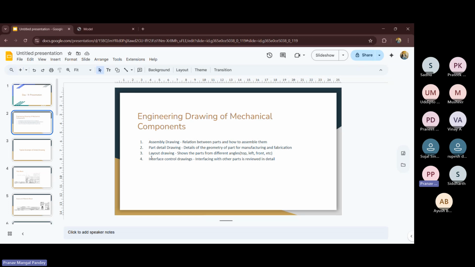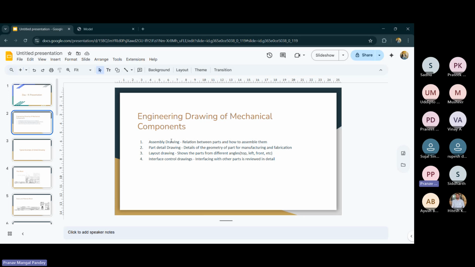The fourth drawing is interface control drawings. So in the whole assembly, there are around 10, 15, 100, 200 different parts. If you are talking about a single part, then you will only talk about what it is directly assembling to.